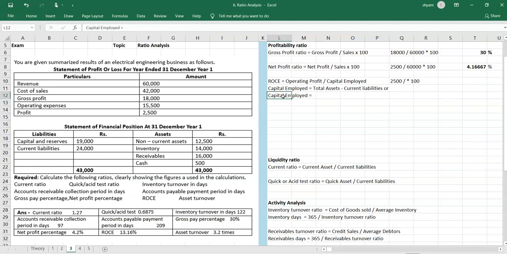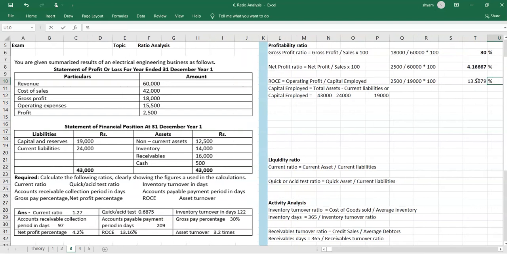So capital employed would be total assets, which is here 43,000, minus the current liabilities. So current liability is 24,000. So capital employed is 19,000. So this is a percentage number.